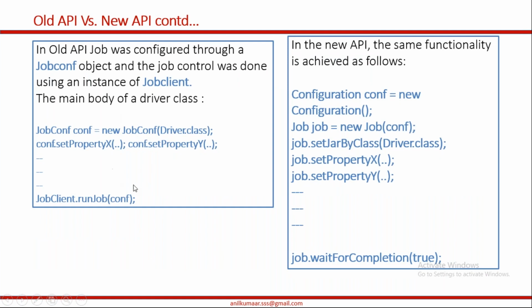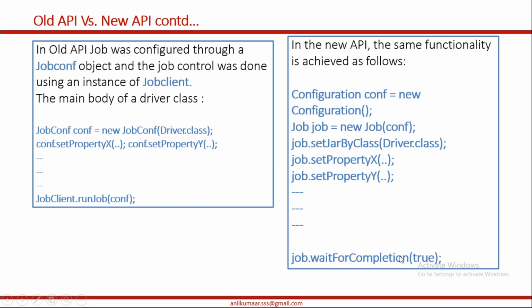At the same time, earlier we defined the class, I mean the job, and finally we ran the static method here. But in the new API, it's somewhat changed. This is how you instantiate the new Configuration class. Then the job is defined like this, a new job is configured like this. Then we set some properties for your job. Then finally you say job.waitForCompletion(true).